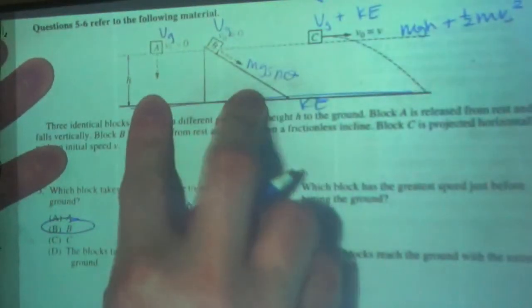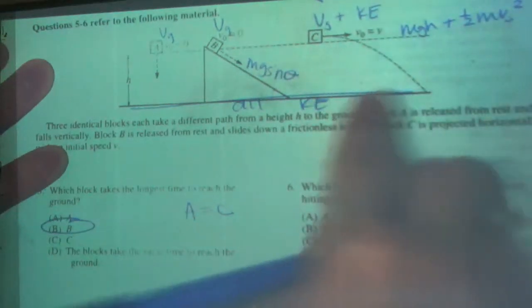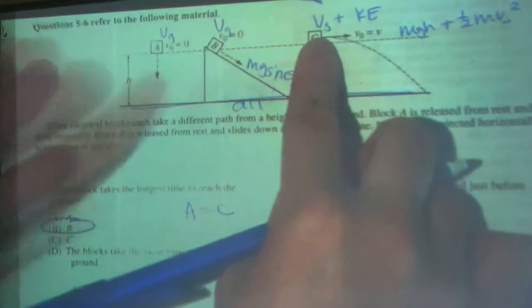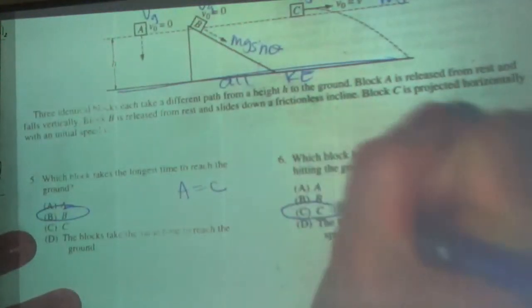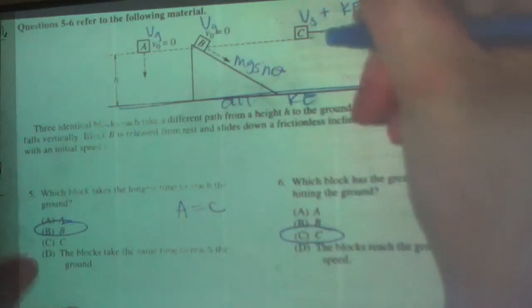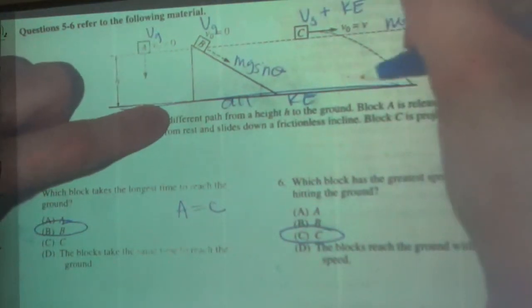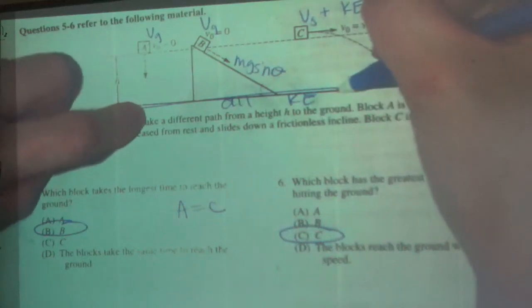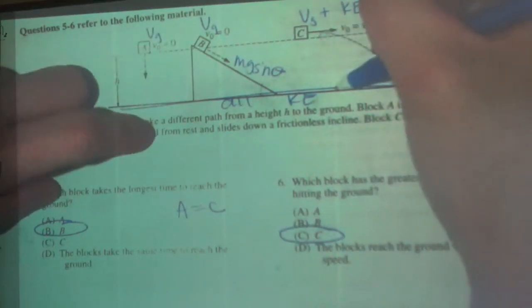But these two, their kinetic energy is just equal to the potential they started with, whereas this guy is equal to the same potential these started with plus its own kinetic energy. So the greatest speed at the bottom would actually be C. The other way to think about this is in terms of projectile motion. You know x and y are separate. These two are going to have the same y velocity when they reach the ground because they're going to be in the air for the same amount of time, accelerating for the same amount of time.